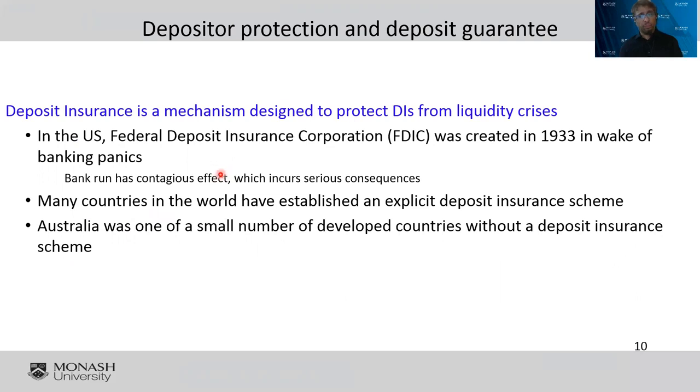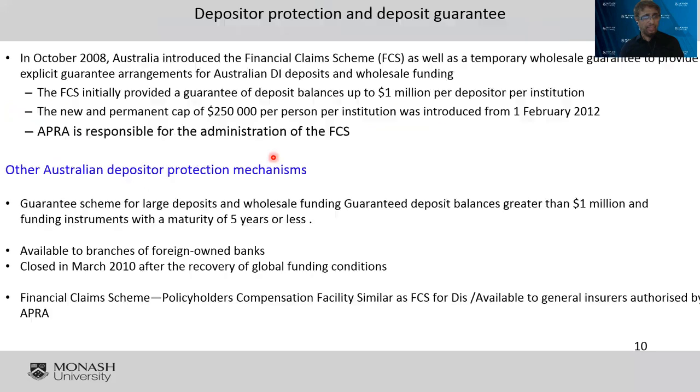Now let's talk about deposit insurance, which I think is part of the pre-class activity. We have talked about it. What we call deposit insurance is actually a new scheme. It was there before the financial crisis, but was extended after the financial crisis, and it's 250,000.